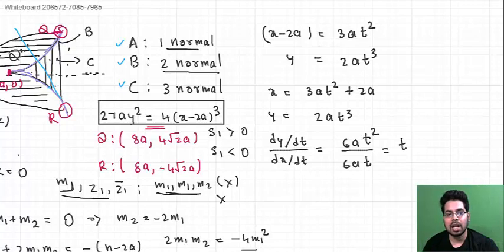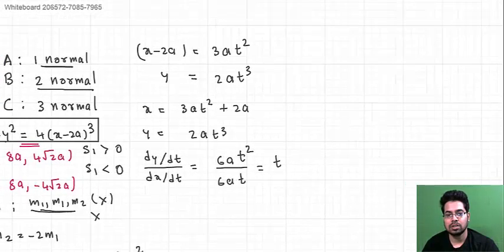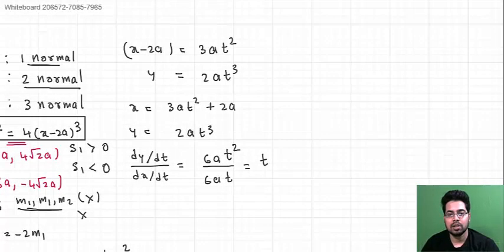And let's say we have some point on the parabola as at1 square comma 2at1, for the parabola with equation y square equals 4ax.